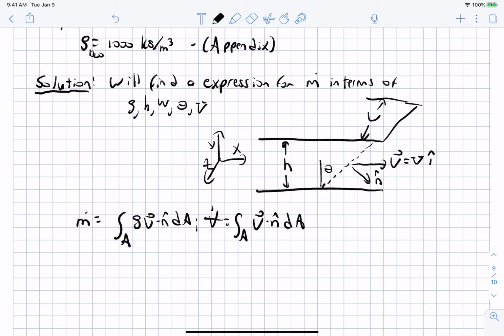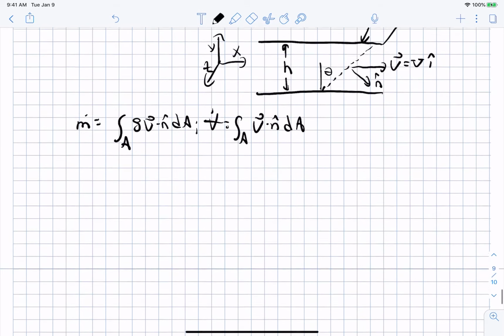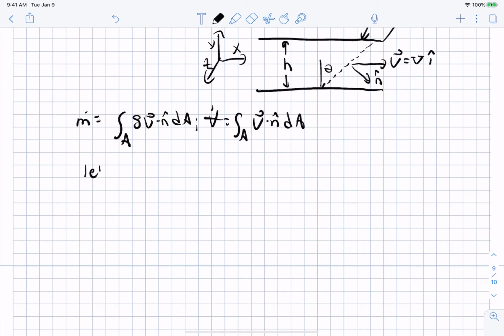On the surface, we need essentially v dot n hat all along that surface and the density all along that surface. So first, let's find v dot n hat. We'll just draw a little velocity vector here for v.